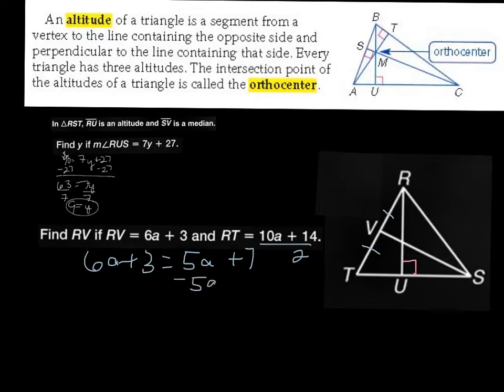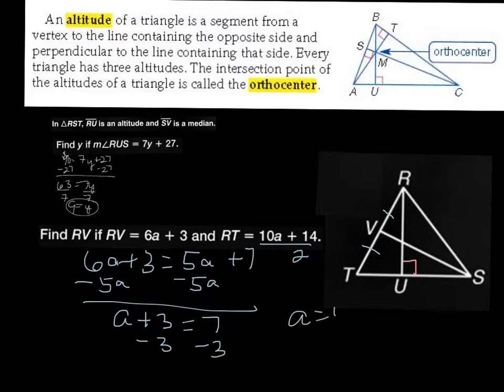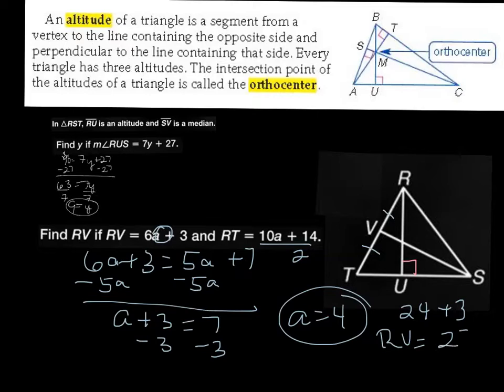Subtract 5a from both sides of the equation. So we have a plus 3 equals 7. Subtract 3, and a equals 4. Oh, but wait, they said to find RV, so we need to substitute that back in. So 6 times 4 is 24, plus 3, RV would be 27.